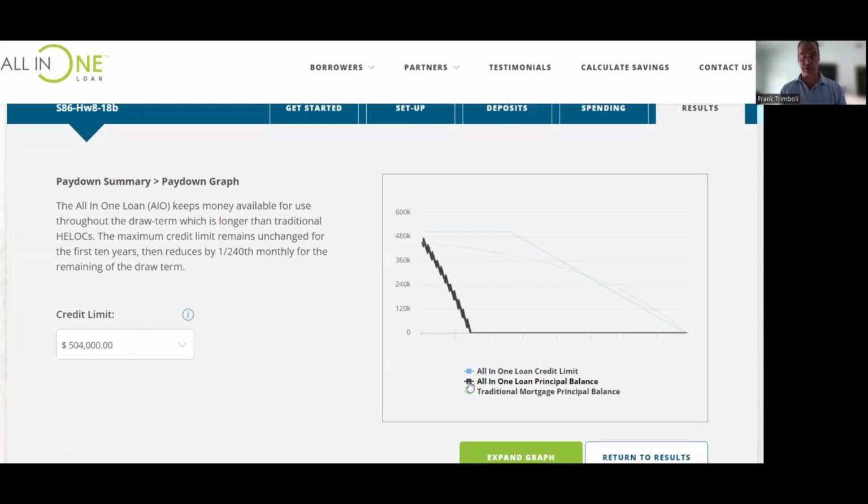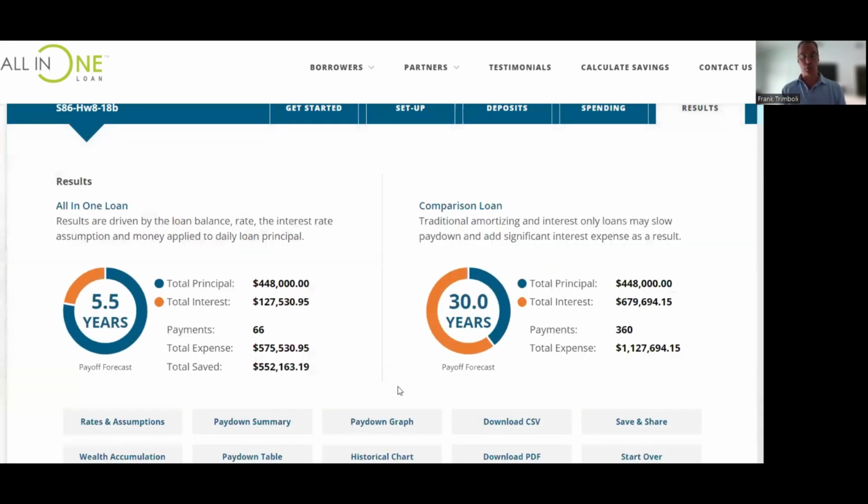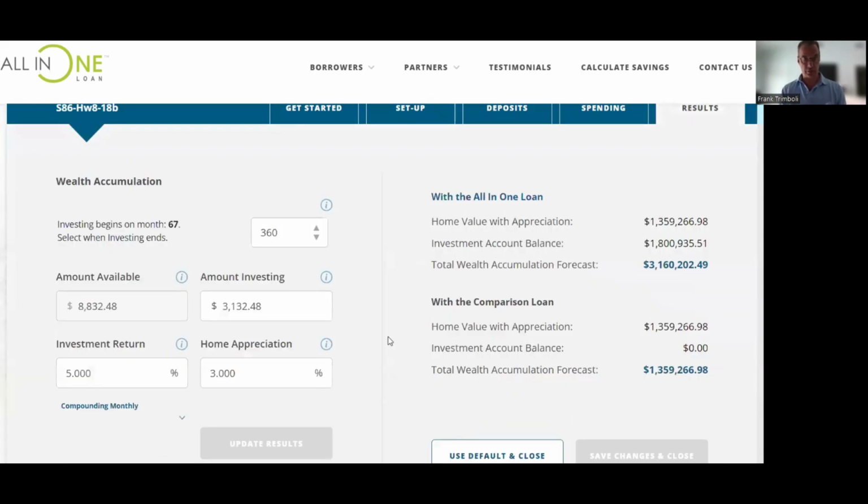The blue line is your available balance. You have access to that equity in your property for the life of the loan, 30 years. There's a difference between equity in your traditional mortgage when you pay it off, and in our All-in-One, it's cash equity.